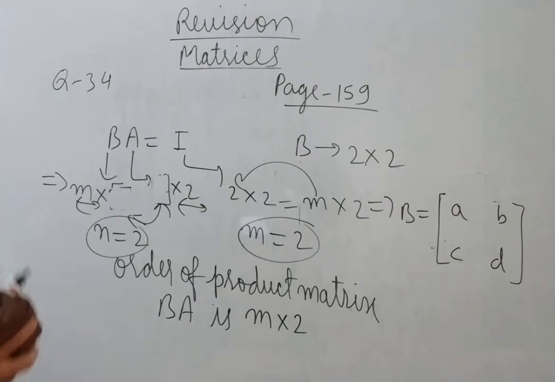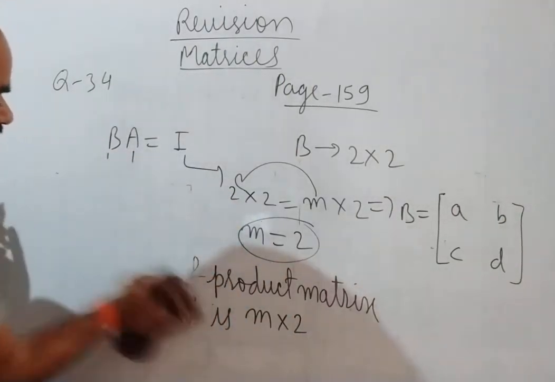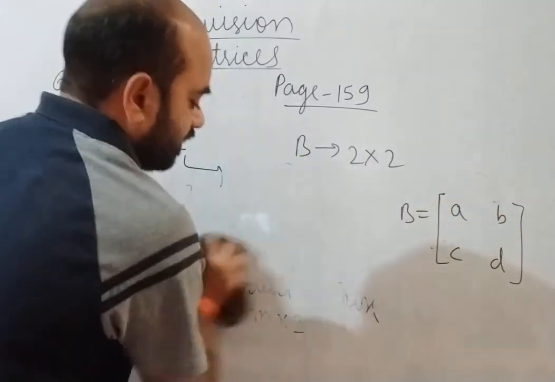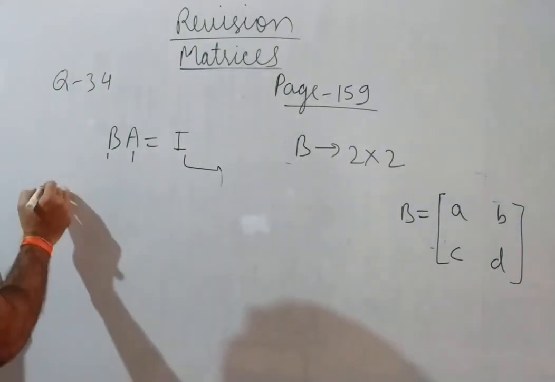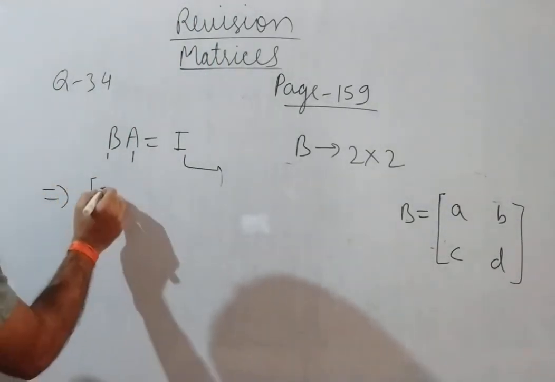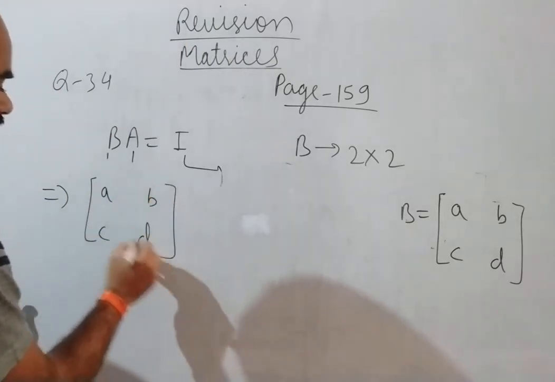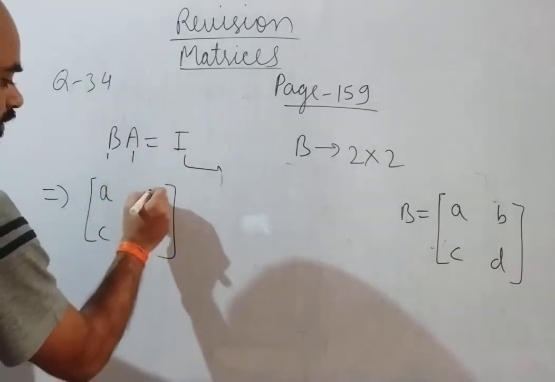Now we will substitute the values of all the matrices: matrix B, matrix A, and the identity matrix. So matrix B is a, b, c, d.